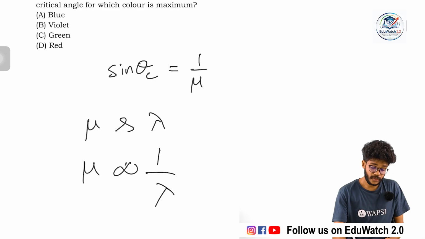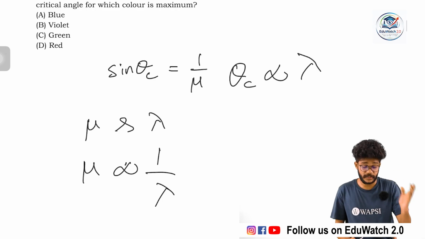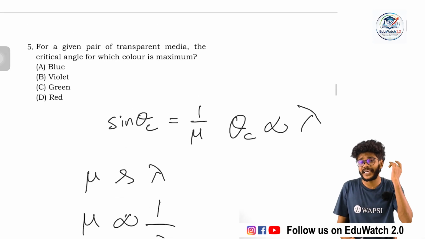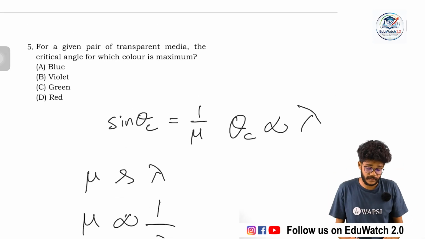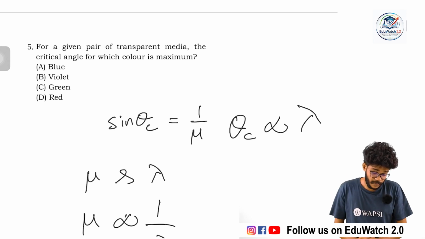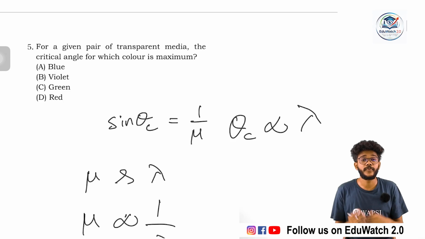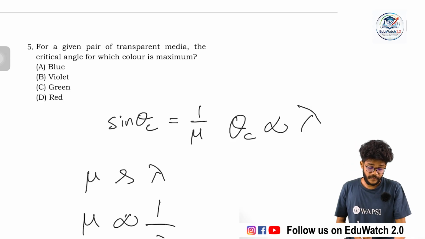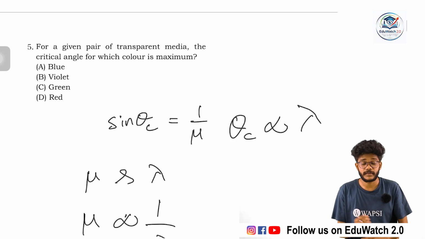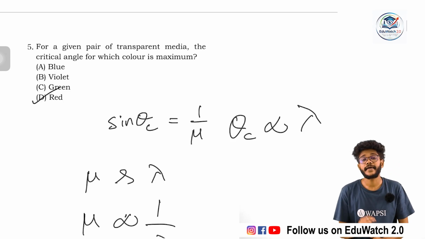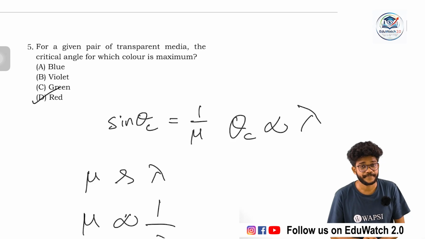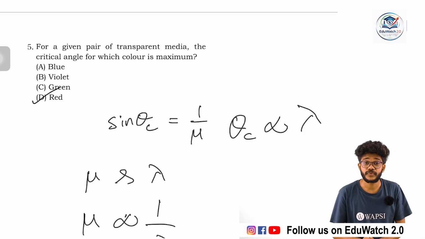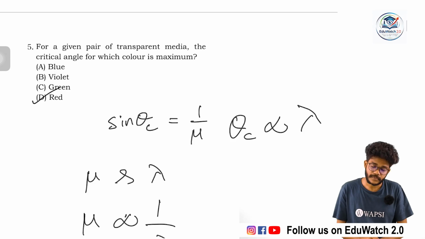So theta C is directly proportional to lambda. That means the critical angle will increase by increasing the wavelength. Which color has the higher wavelength, blue, violet, green or red? Obviously red has the higher wavelength, so red light has the higher critical angle. Okay, then we can move to the next question.